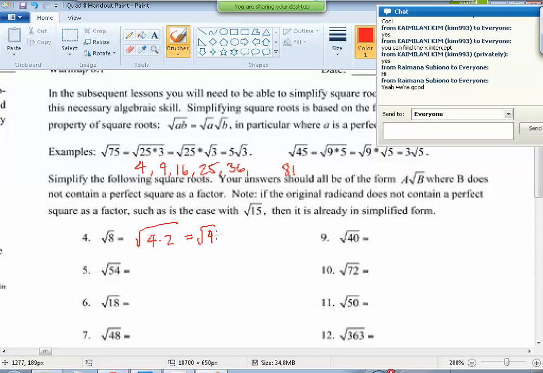Right? It's not even that hard. What's the square root of 4? So really, the square root of 8 is 2 times the square root of 2. And that's simplifying radicals. That's what we call simplifying square roots.